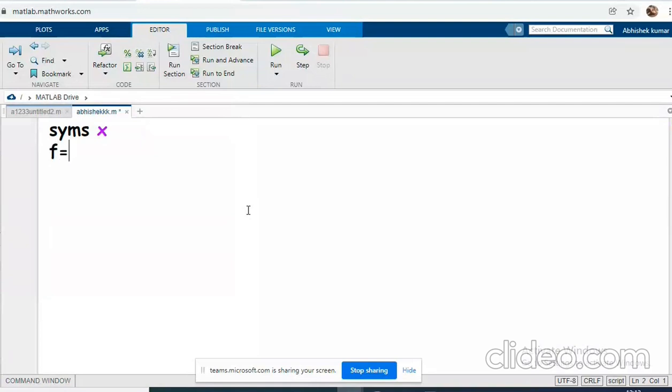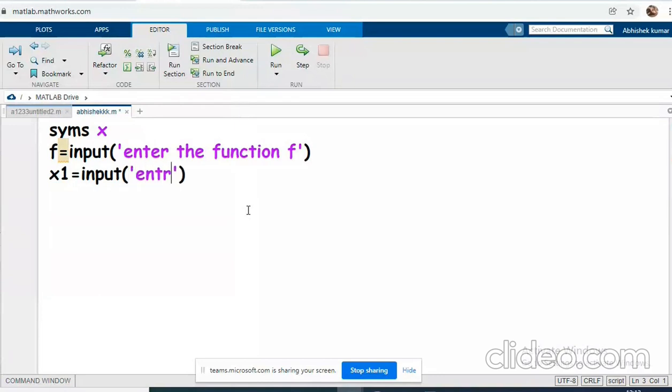Let us have f equal to input, enter the function f, right? Then let us take that point x1. x1 equal to input, enter the point at which we need to draw the tangent.